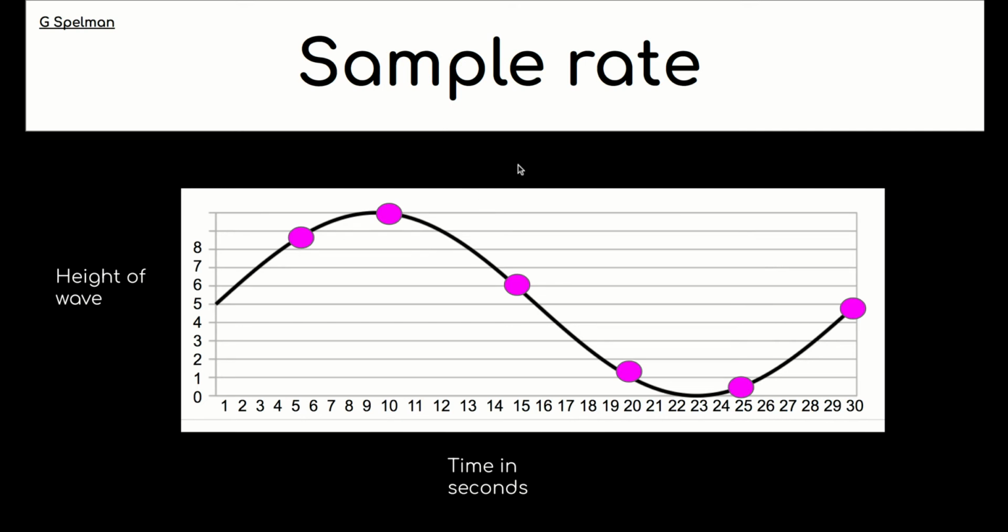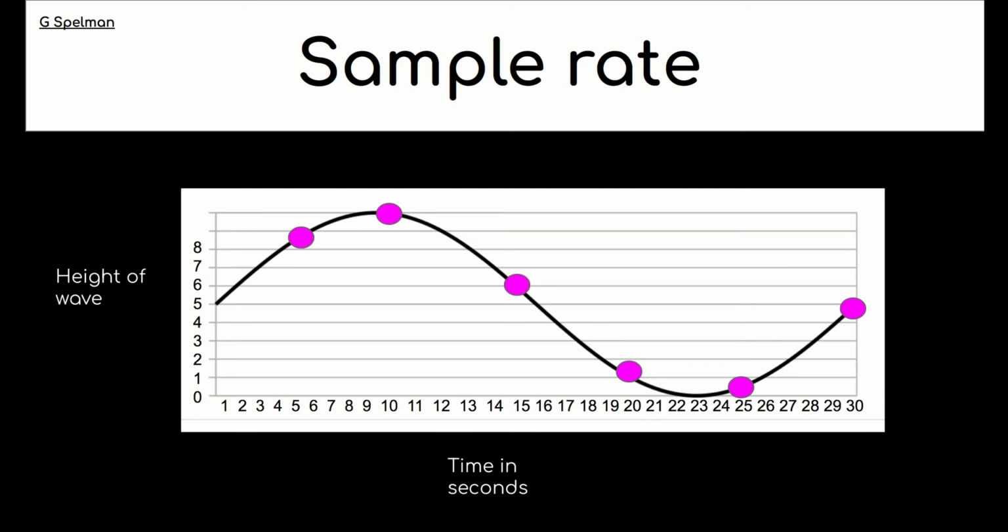So what I'm showing here with these pink dots is that every 5 seconds, I have taken a sample. I have worked out the height of the wave at that particular point. I would need to store that, and I would give it a value, a denary value, which I can then convert to binary, and that's how it would get stored.